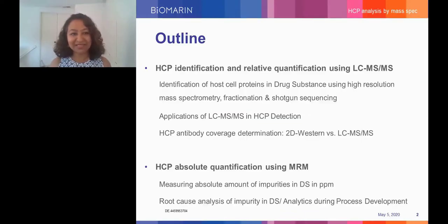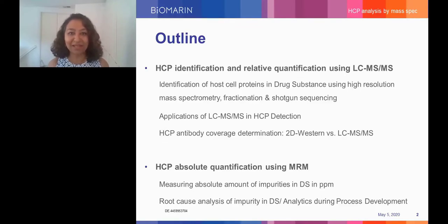So in today's talk, I'll be outlining some of the technology for doing identification of host cell proteins and also doing relative quantification using mass spectrometry. I'll be focusing first on applications that are directly utilized to enumerate host cell proteins through identity or quantity.